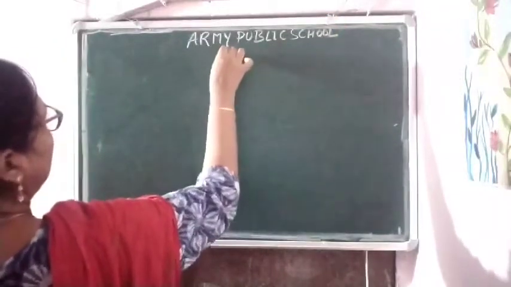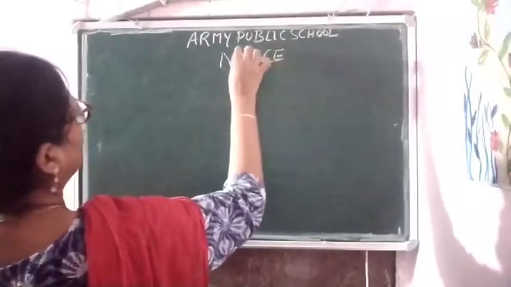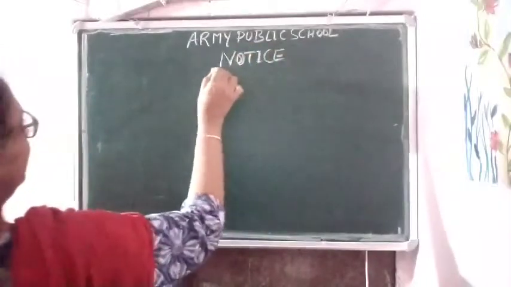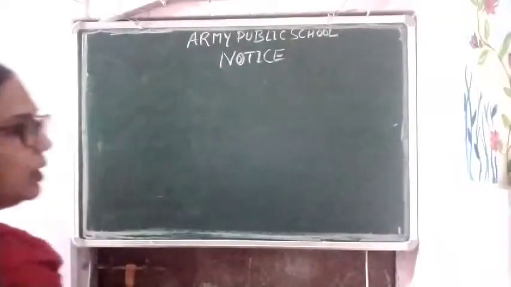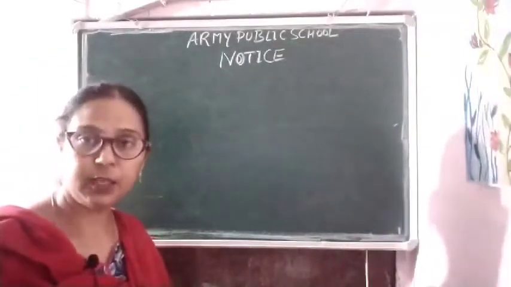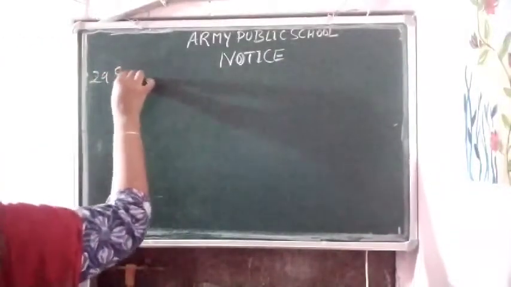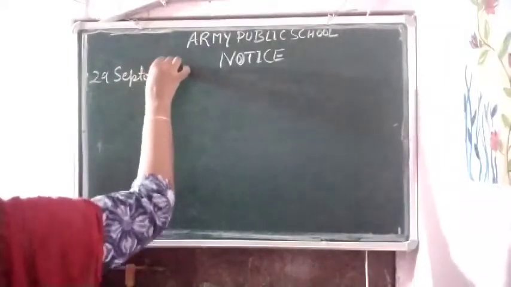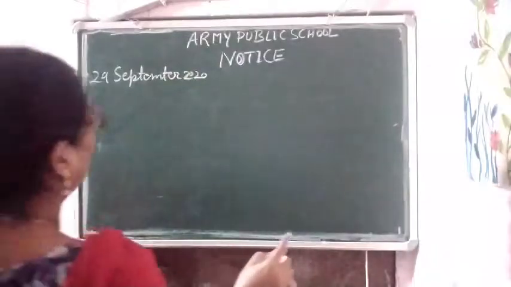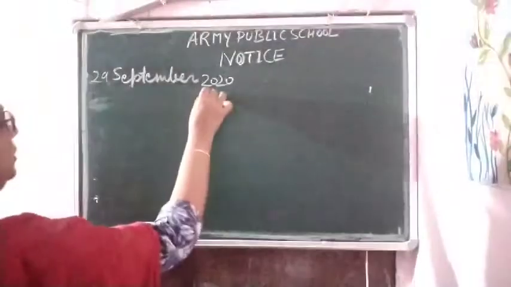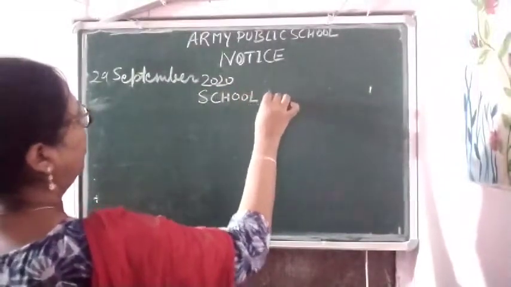Then notice should be mentioned in block letters, as we have understood. Now the date, because we are giving a notice regarding Vijayadashmi. So I am writing over here 29 September 2020. And then the topic should be there: School holidays.